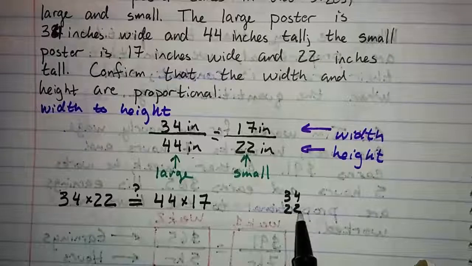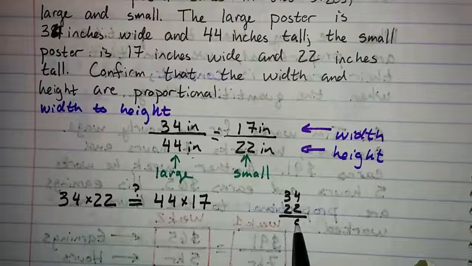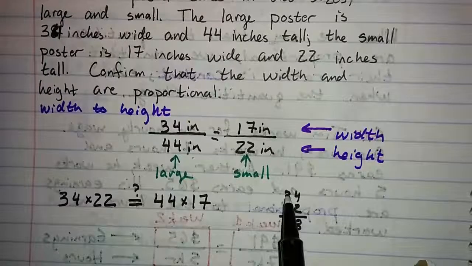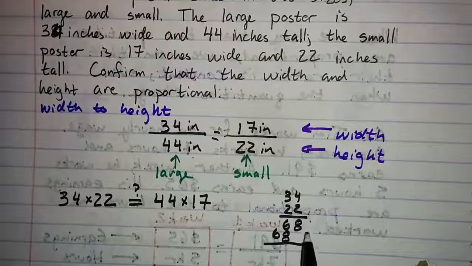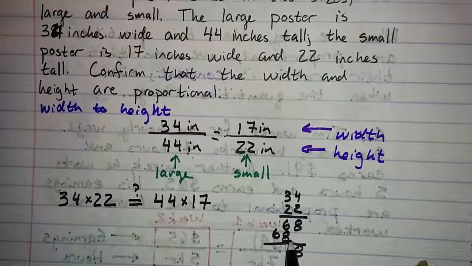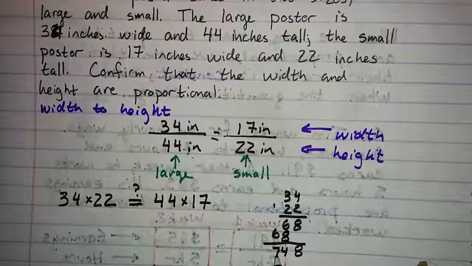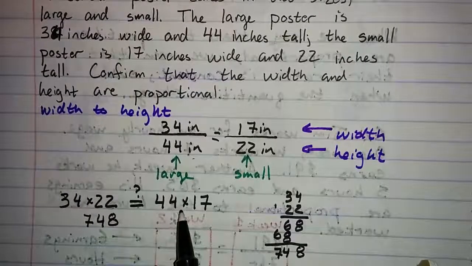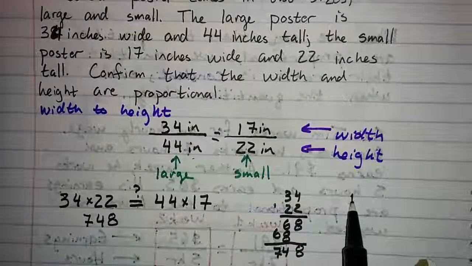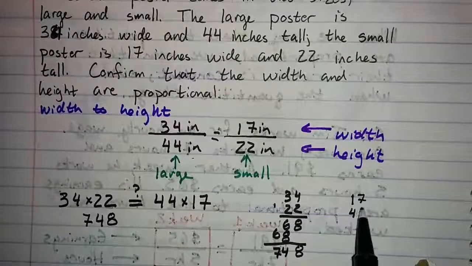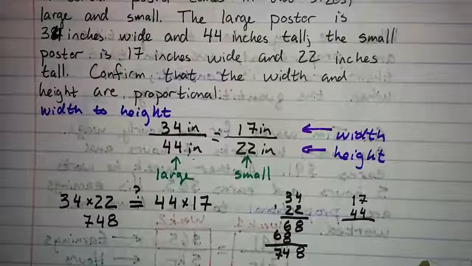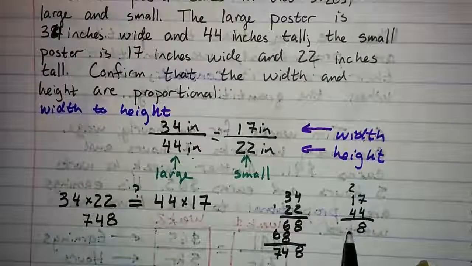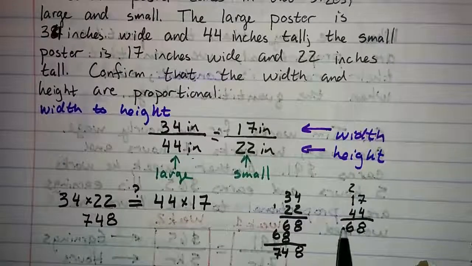34 times 22. 2 times 4 is 8, 2 times 3 is 6, then 8, 14, 7. 748. 44 times 17, I'm going to choose to write 44 on the bottom, because then I only have to multiply by 4. 4 times 7 is 28. 4 times 1 is 4, plus 2 is 6.